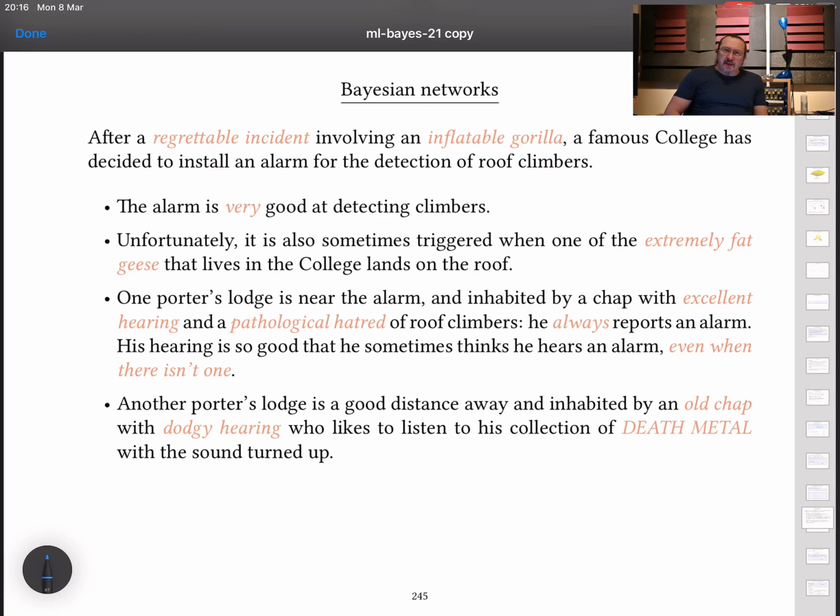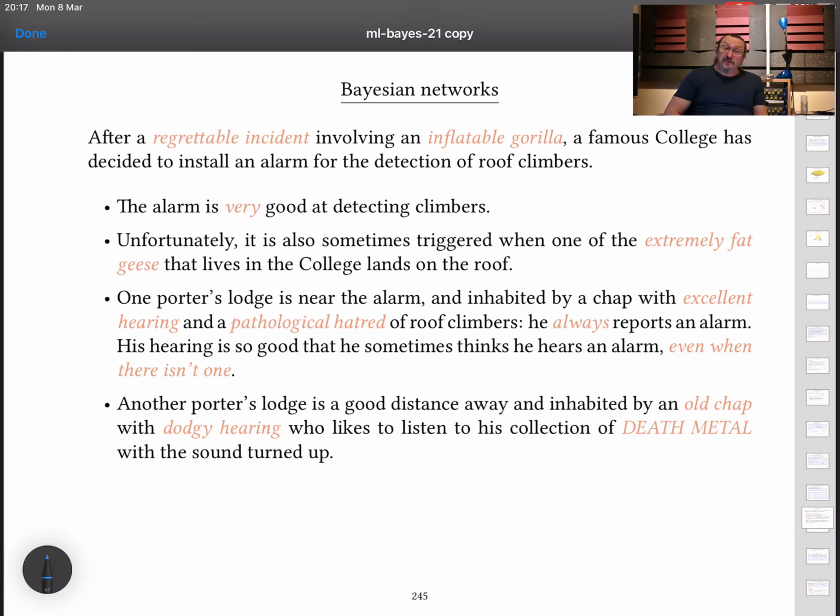After a regrettable incident involving an inflatable gorilla, a famous college has decided to install an alarm for the detection of roof climbers. The alarm is very good at detecting climbers, but unfortunately it's also sometimes triggered when one of the extremely fat geese that lives in the college lands on the roof.